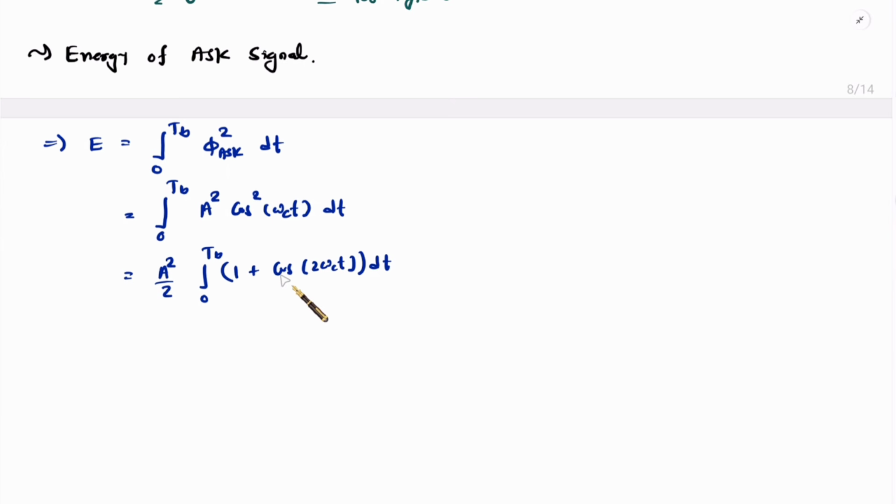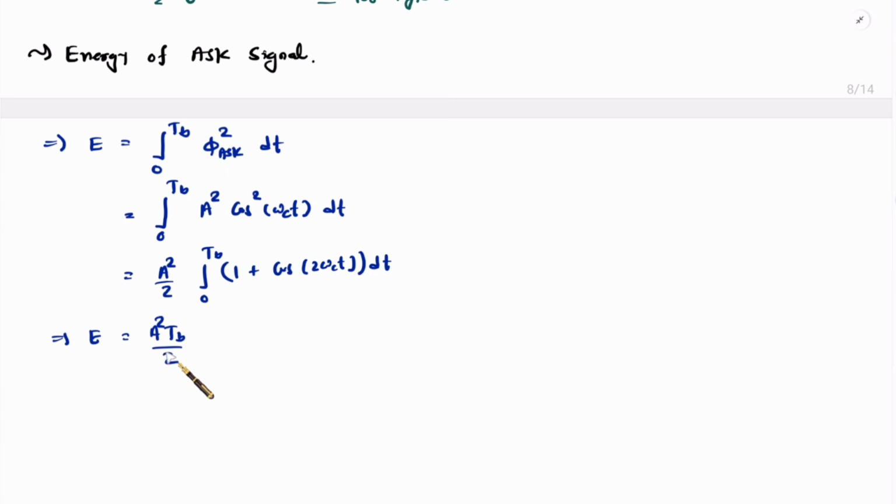So you can say this integration will be only t, and limit from 0 to TB, that will be TB. So this entire integration will be TB only, right? So we will be having energy and that will be A square TB divided by 2.